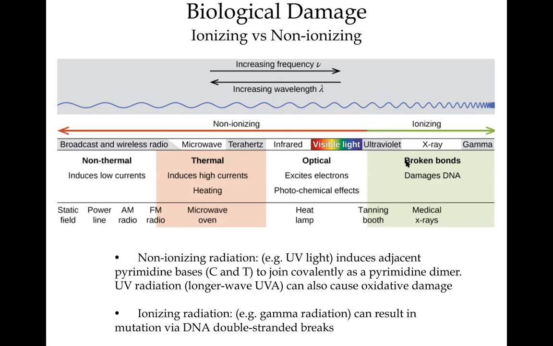Okay, because this type of radiation, this ionizing radiation, is going to basically just break the double strands of DNA in half. So double-stranded breaks, meaning it breaks not just one strand, but it breaks it all the way through. And so that can be repaired, but usually it leads to mutations or just death.